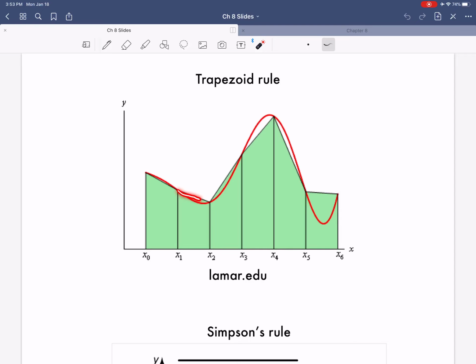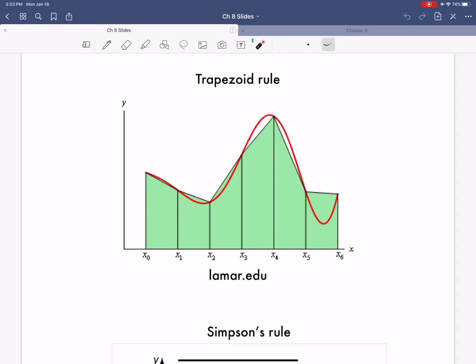The trapezoid is overcompensating. In this case, here it's also overcompensating. It's bigger. Then here, it's smaller than the actual area underneath the curve, right? So if your function is a bit complicated and you have something that's very sinusoidal, the trapezoid rule is not that good of an approximation.